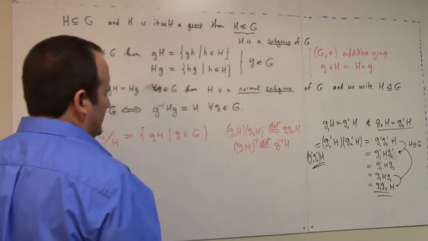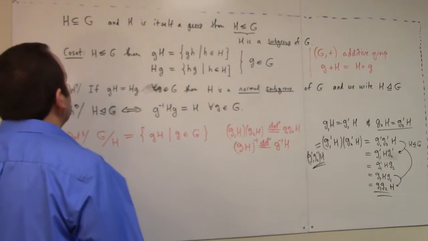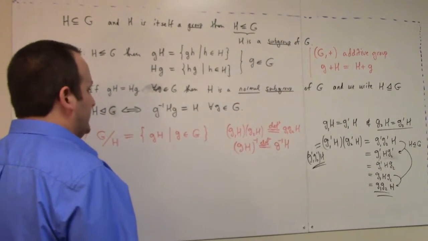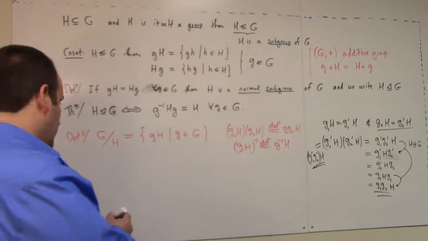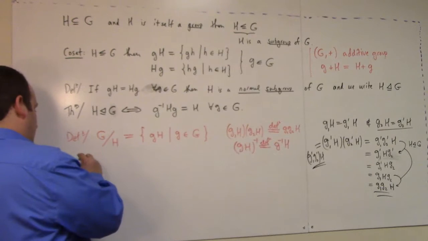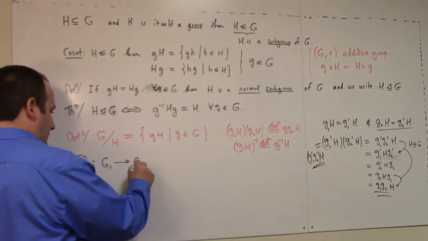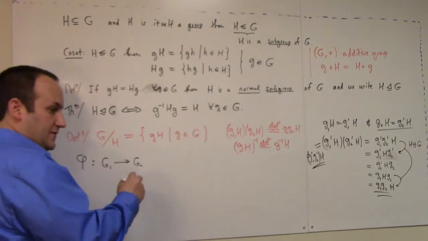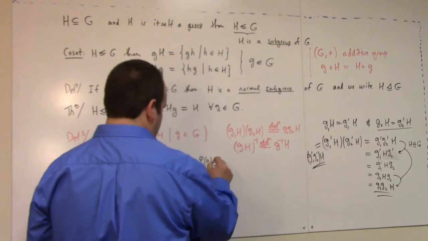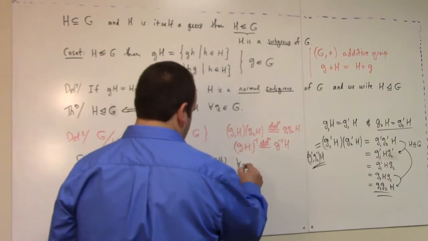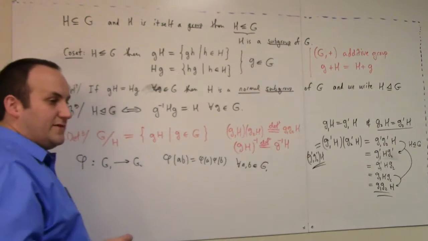So the next thing up the food chain here is the notion of homomorphism of groups. If you have a mapping, say from G1 to G2, where G1 and G2 are groups, then if phi of AB is equal to phi of A, phi of B for all A, B in G1, this is a group homomorphism.